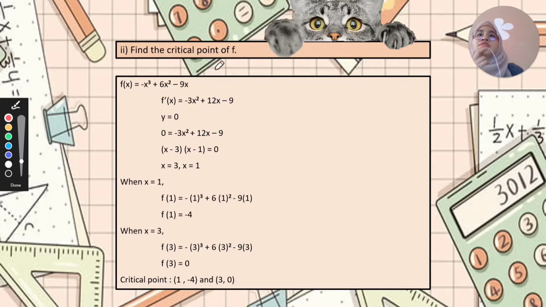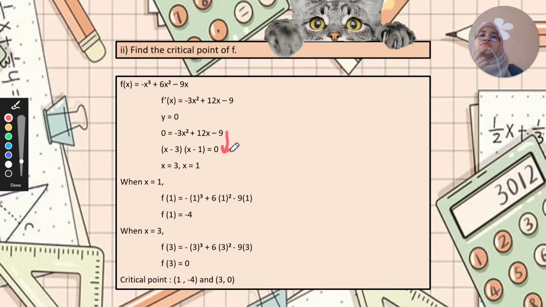So next, to find the critical point of f, we have to make f prime x equal to 0, and we get this equation here to find the x value.